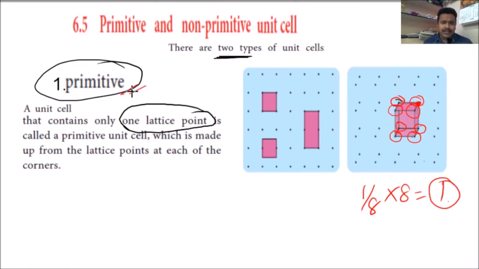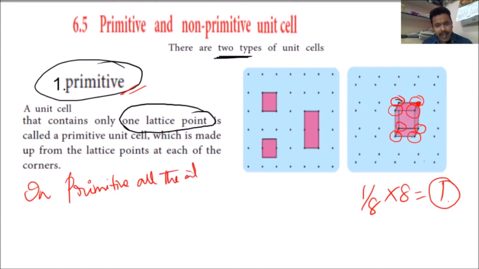And generally what we can say is, in primitive all the atoms are mainly located at the corners.